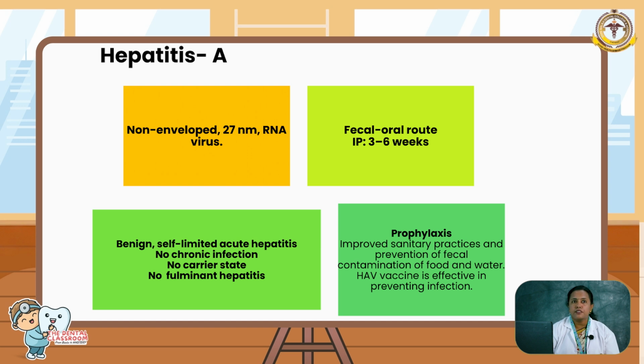Fulminant hepatitis means there is massive necrosis of the liver and the treatment is only liver transplantation. Prophylaxis is improved sanitary practices, which avoid fecal contamination of water and food, and vaccination. Hepatitis A vaccination confers lifelong immunity against hepatitis A virus.